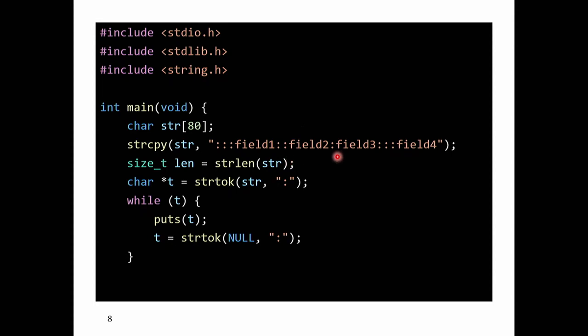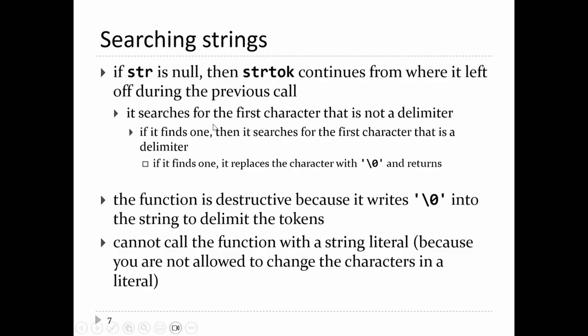So you can extract that token as a string, because there's a pointer there, and that string ends with a \0. That's why it's writing the \0s into this string. Again, notice that the function is destructive. It's writing these \0s into the string to indicate the end of the token.